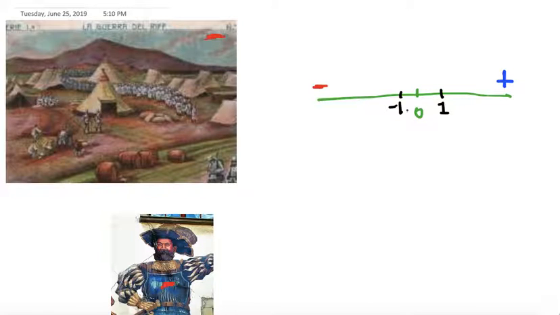And that's very important because -1 and 1 have the same distance from 0. So we can say they have the same power. That means that when one negative soldier fights a positive soldier, they cancel each other.